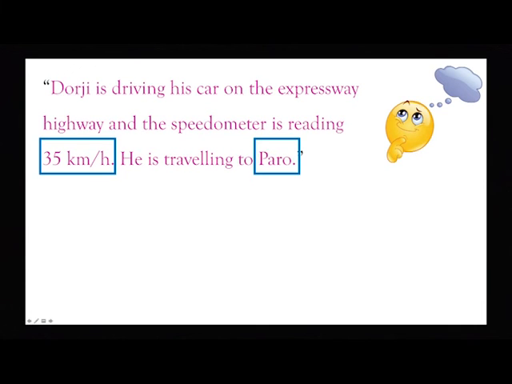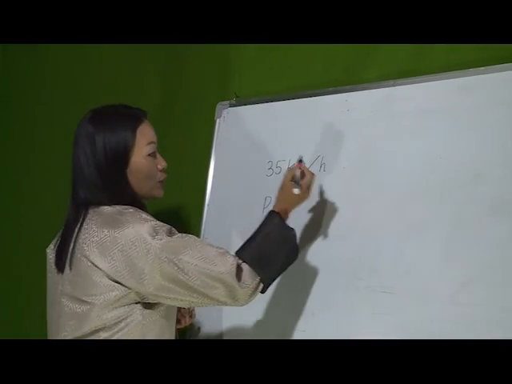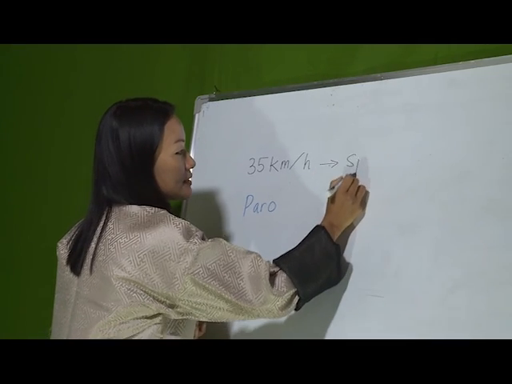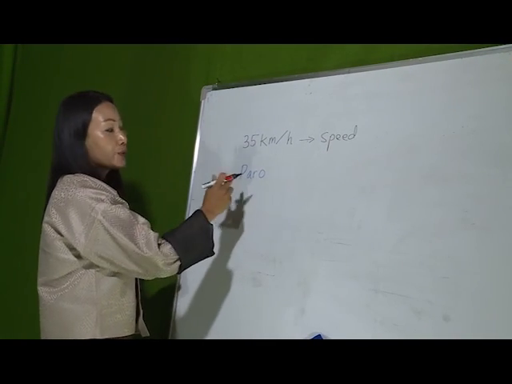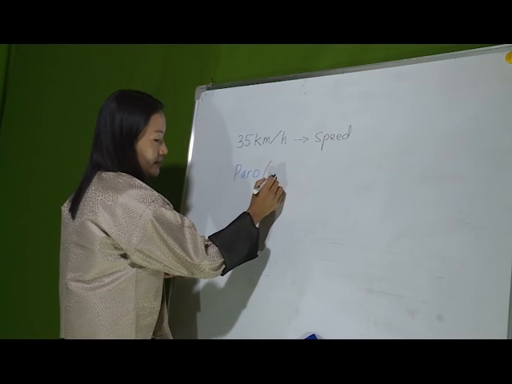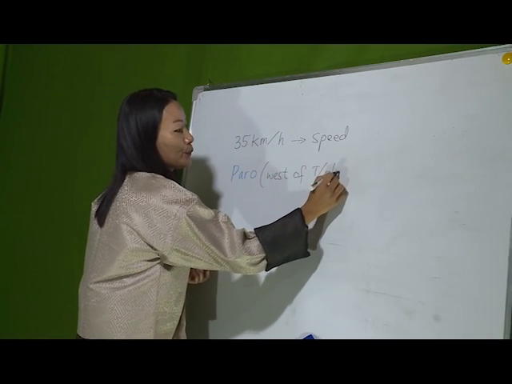Yes, it is 35 kilometer per hour and it is Paro. So, if I may write it here, 35 kilometer per hour, we have seen already that this is the speed. And Paro here, we know that Paro is west of Thimphu.